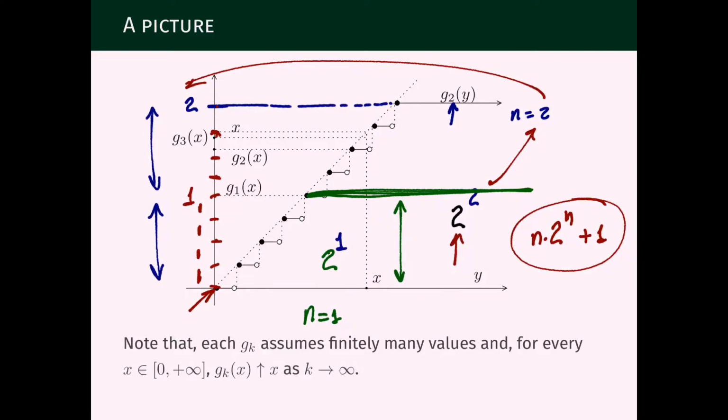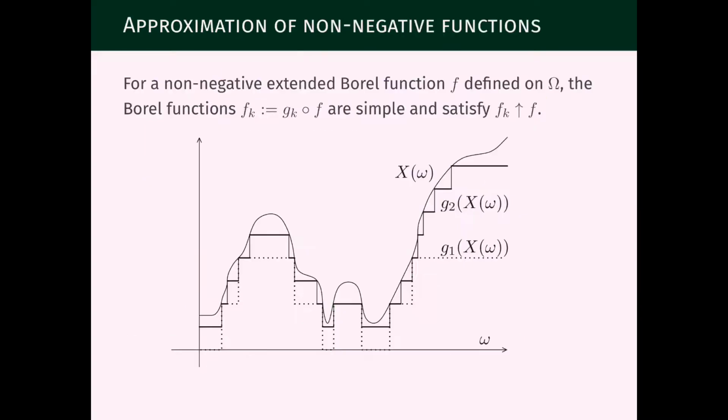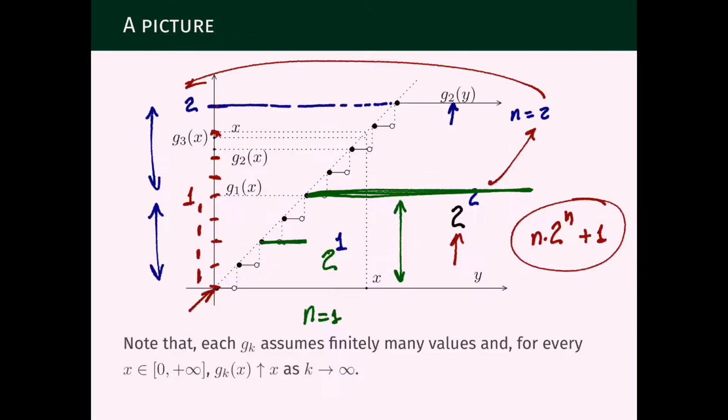So the function would be this one. This would be g_1. So I'm not showing the graph of g_1, I'm showing the graph of g_2.